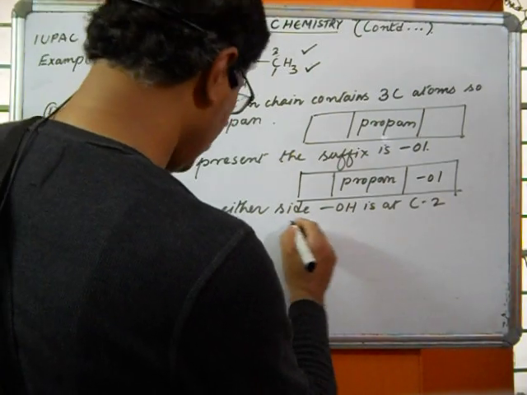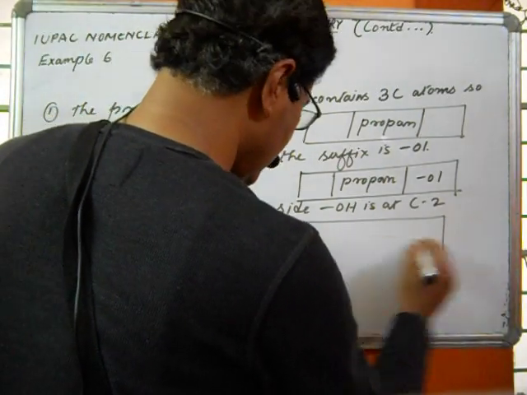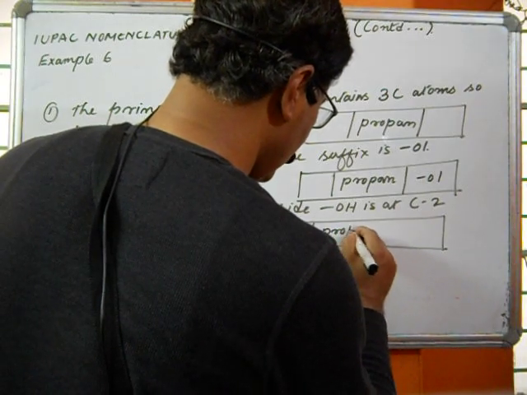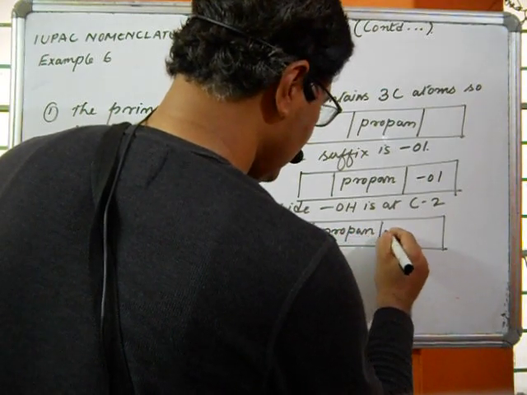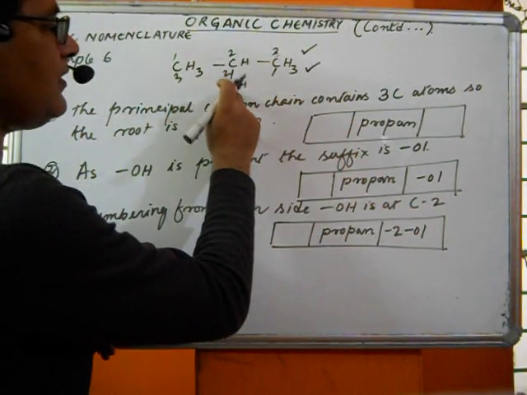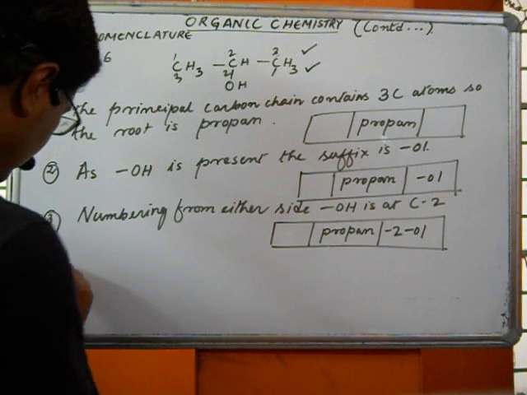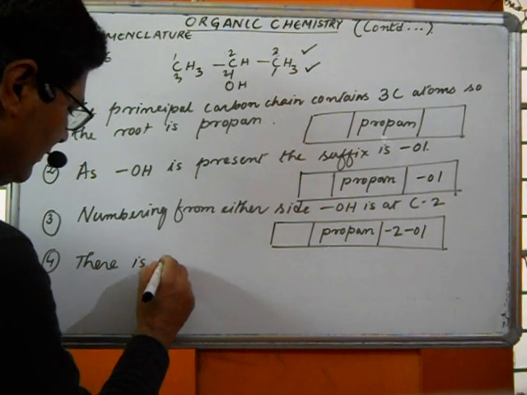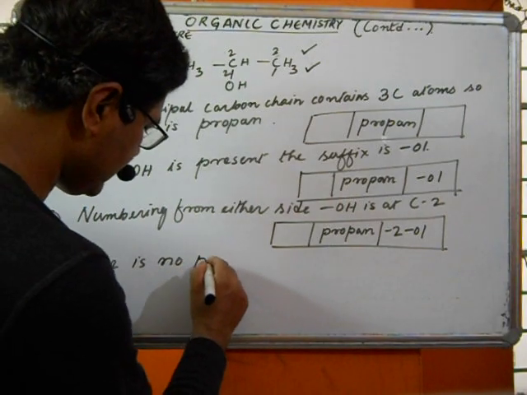So what will be the naming now? We got the location number. So it will be propane, P-R-O-P-A-N, propane dash 2 dash all. So we got the position of the OH group. There is no prefix.